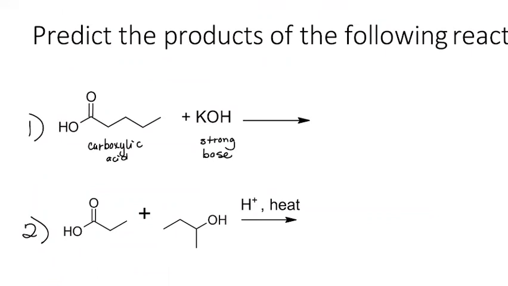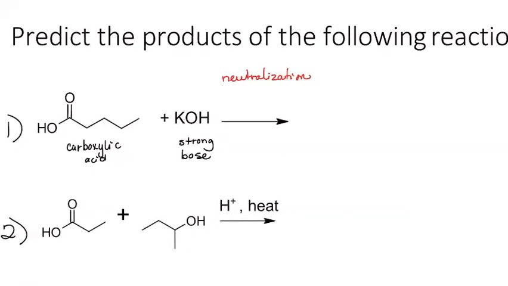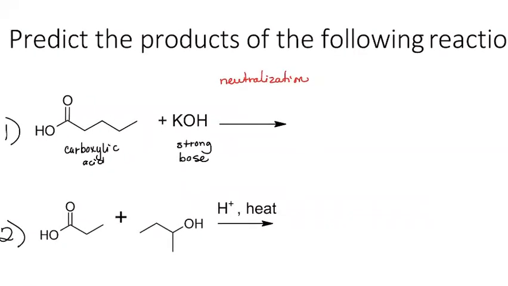So when it comes to carboxylic acid and strong base, immediately in your brain, you have to recognize that this is going to be a neutralization reaction, because I have the carboxylic acid acting as an acid, the strong base acting as a base, okay? The products of a neutralization reaction for a carboxylic acid are the following.